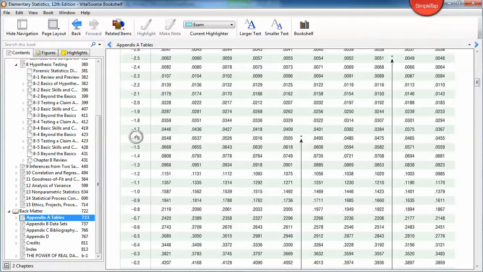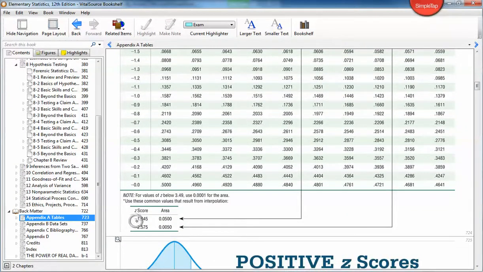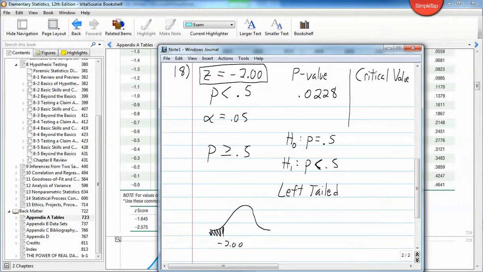That's negative 1.6, and then if you go down and follow that arrow, negative 1.645. All right, so the critical value is negative 1.645.